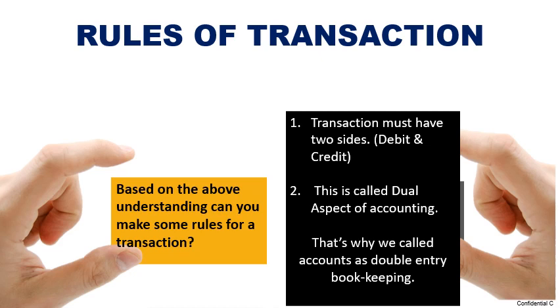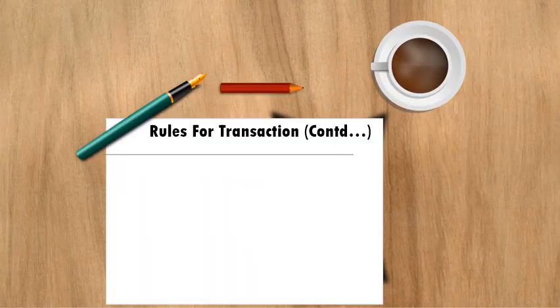Dual aspect of accounting is also called the double entry system of accounting or double entry bookkeeping, right? I will repeat, in any accounting transaction, there are two sides. One is debit, another one is credit. Let's understand a little more about rules for transactions.